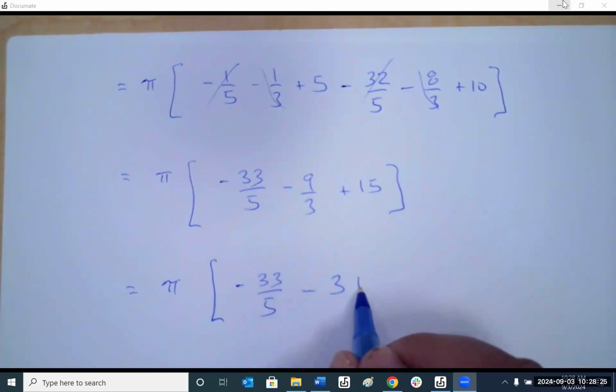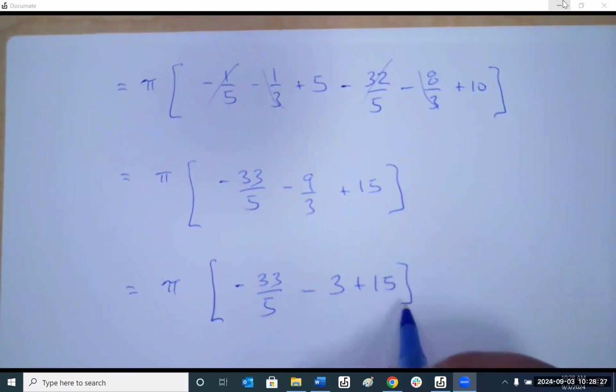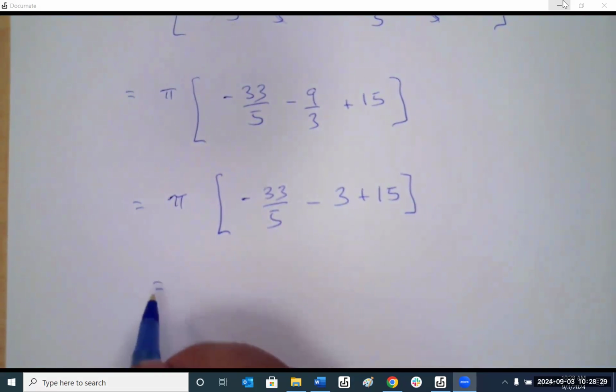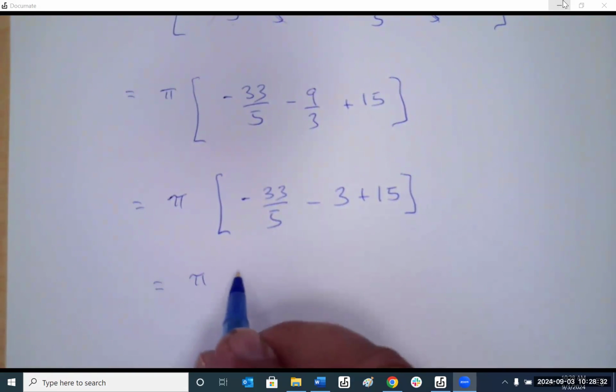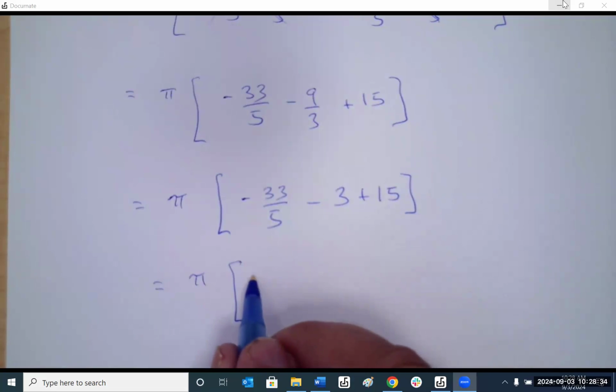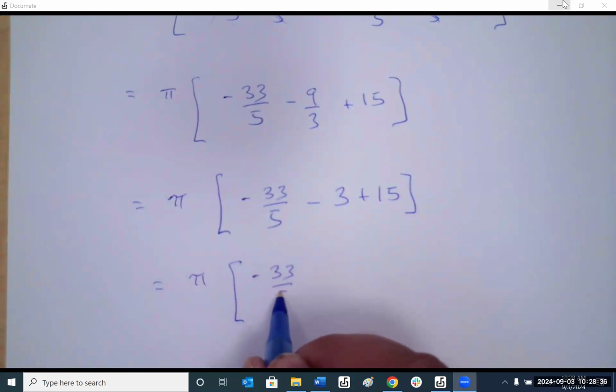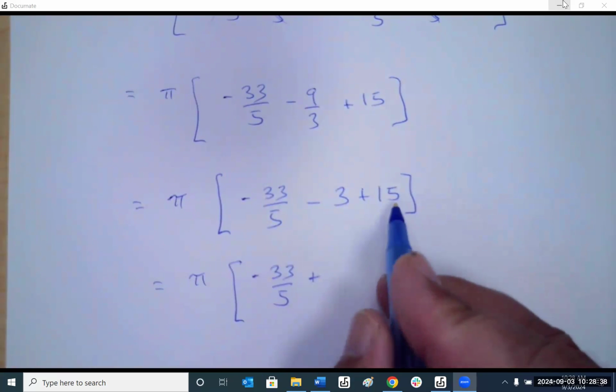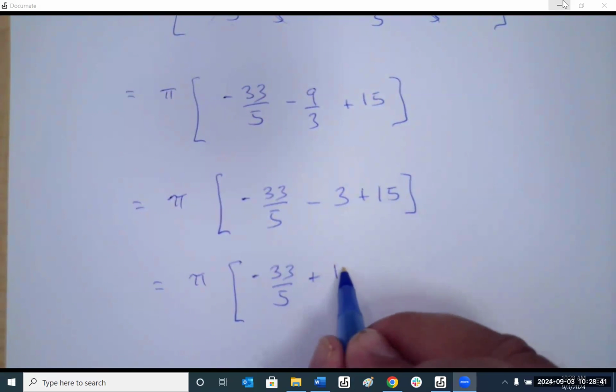Nine over 3 is 3 plus 15. 15 minus 3 is 12.